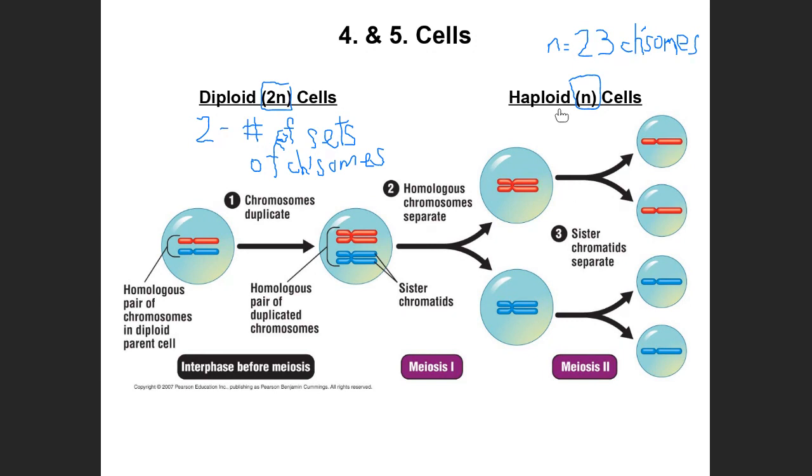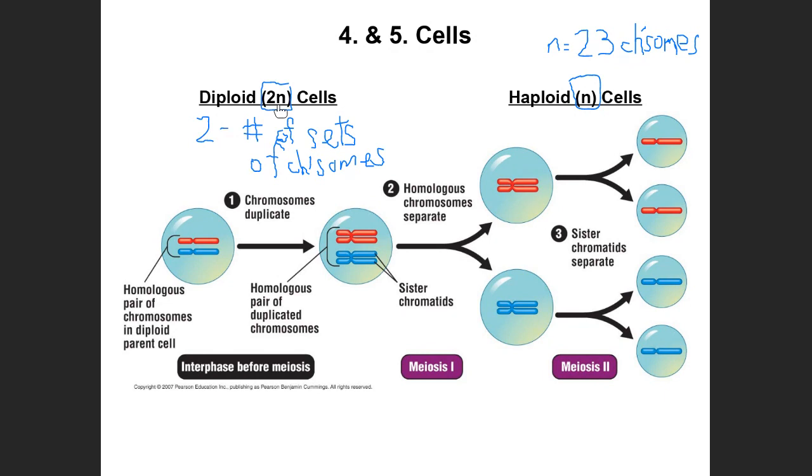Whereas for a human haploid cell, such as a sperm or an egg, the N represents 23, for a human diploid cell, the 2N, what does that represent in regards to the total number of chromosomes? Can anybody give me an answer to that?